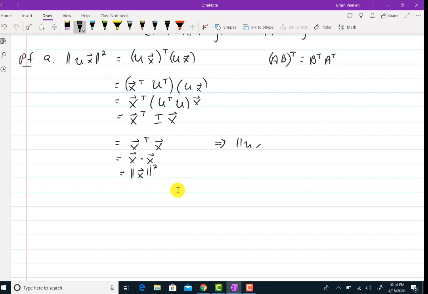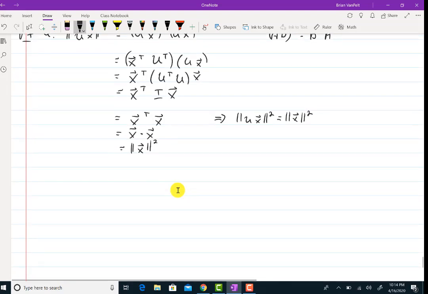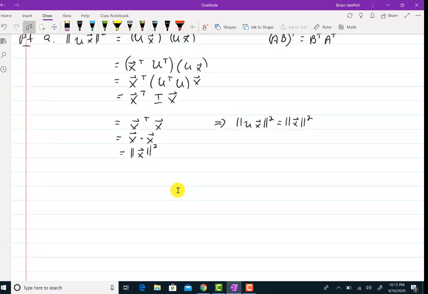So we have the norm of ux squared equals the norm of x squared. When we take the square root, we have a positive and negative possible solution, but obviously we throw away the negative solution, because we will not have a negative length. So part A is easy enough.